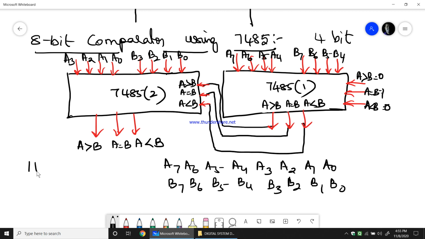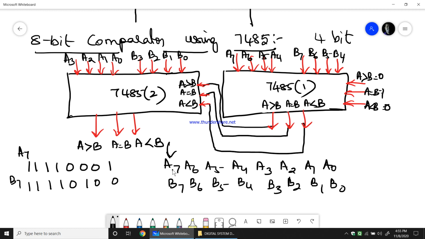For example, if I take 1 1 1 1 0 0 0 1 with 1 1 1 1 0 1 0 0. Now this is the bit sequences I have taken. Now I need to compare this with this. Like how we saw in 4-bit comparison, in a similar way 8-bit comparison is done. It will compare always from MSB. So A7 with B7 is compared.